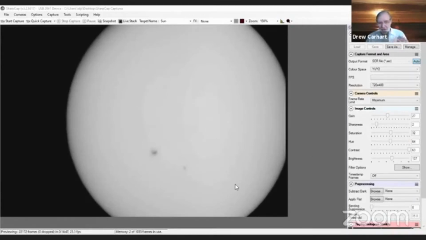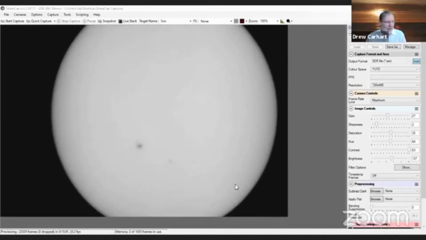It blocks out all but a very tiny percentage to make it safe. If he looked directly through his telescope to his eye, the sun then would look about as bright as the full moon does, and not deathly bright and burning his eye instantly like it would without a filter on the telescope. So Jim, do you want to tell us a little bit more about what you've got there?